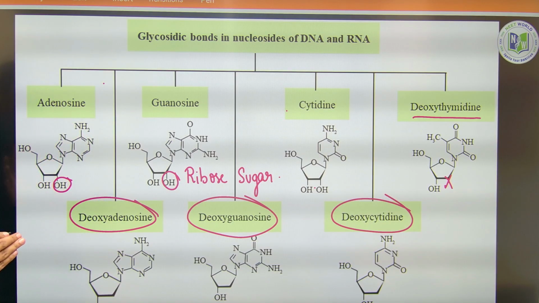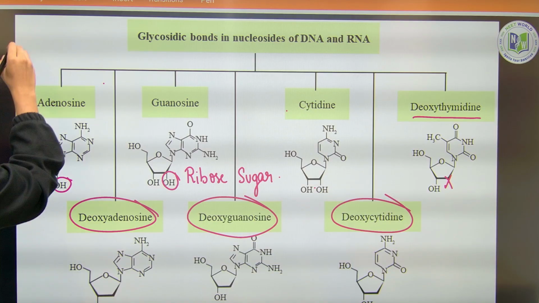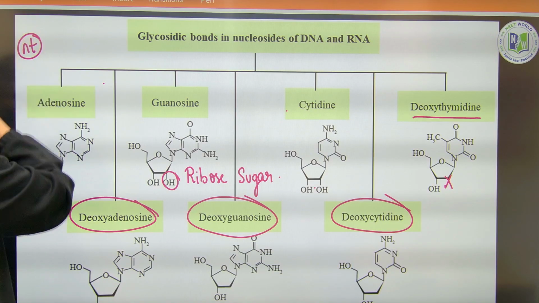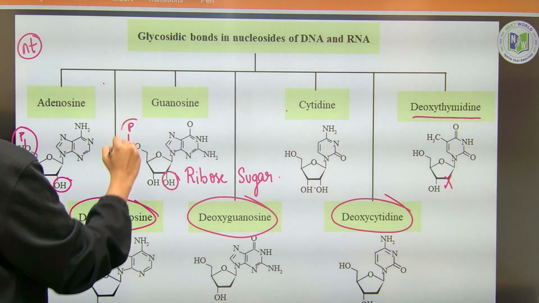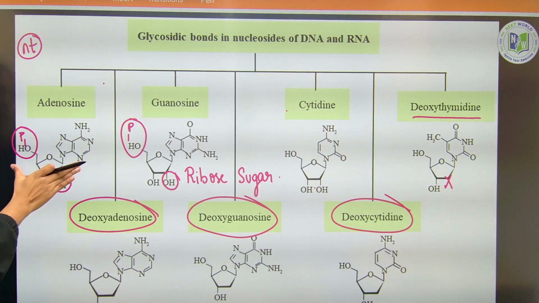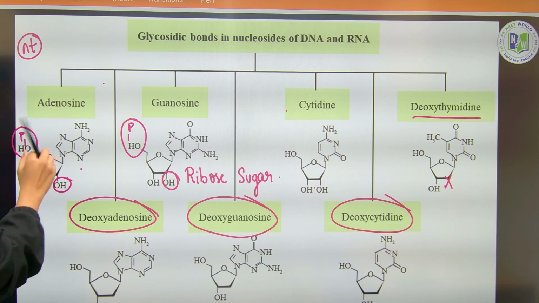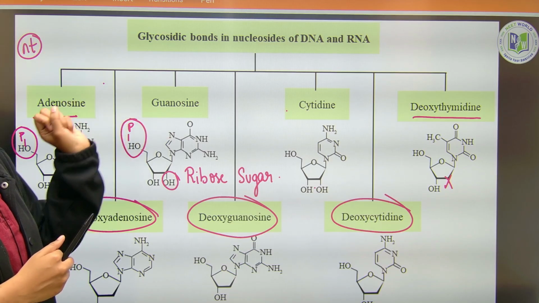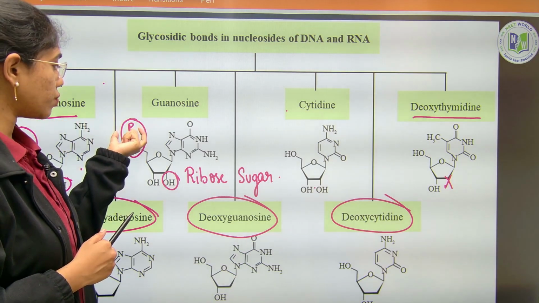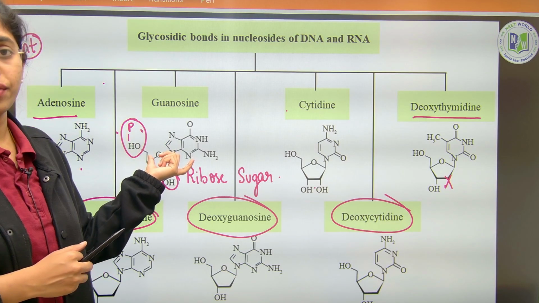And now here we have to see the nucleotide. In a nucleotide, what happens? The phosphate group will attach to the fifth carbon of the sugar. This is for RNAs first. This is adenylic acid, as phosphoric acid will be attaching to this, and the phosphate group on the nucleotide will give it what?